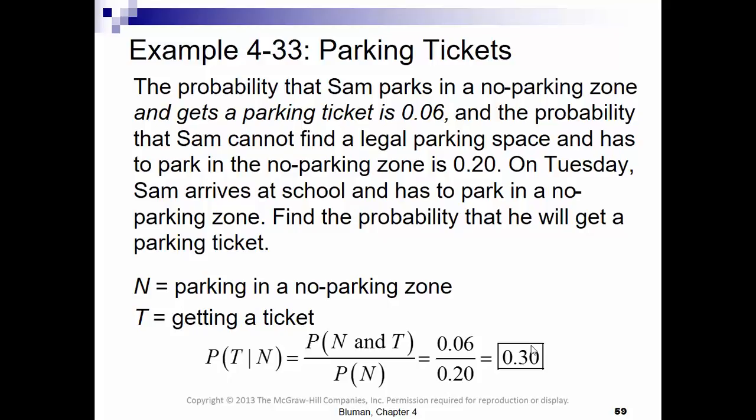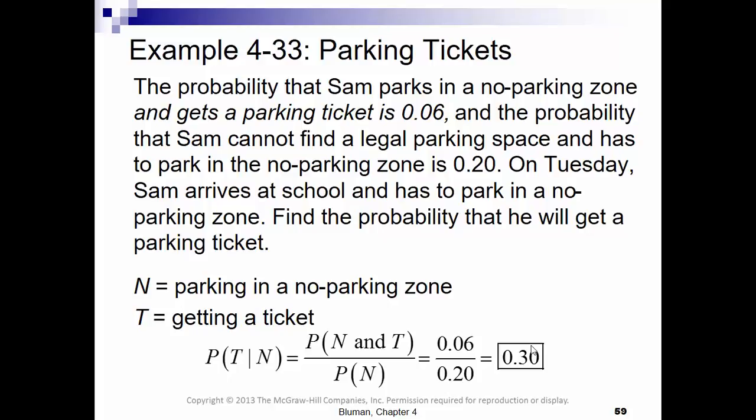We've got, he's parked in a no parking zone, which is the N, and he gets a ticket, which is the T, okay? So the first sentence, the probability that Sam parks in a no parking zone and gets a parking ticket, that's the P of N and T. That's the numerator, 0.06.